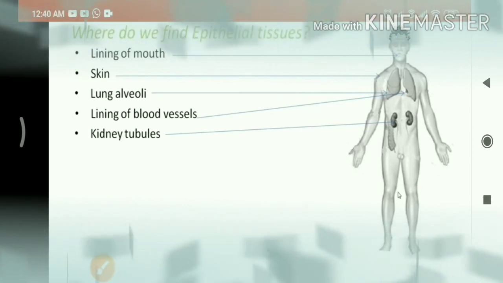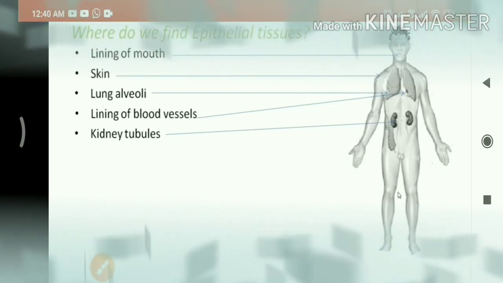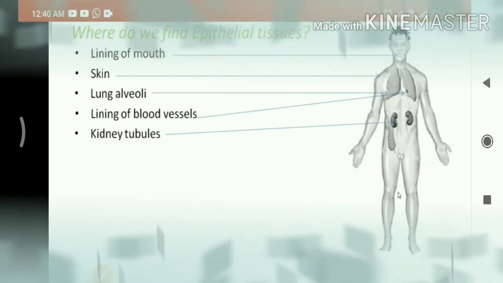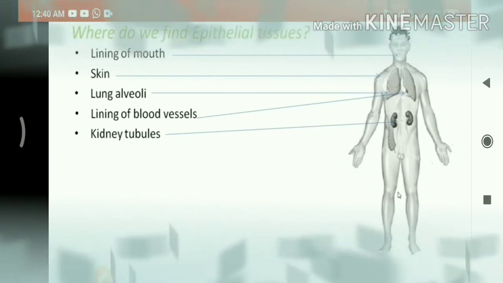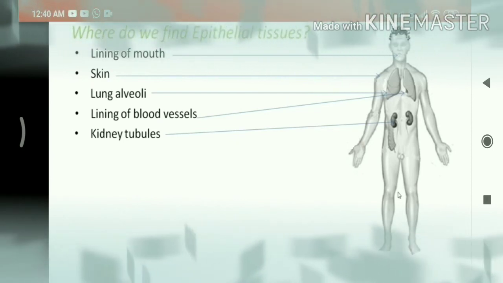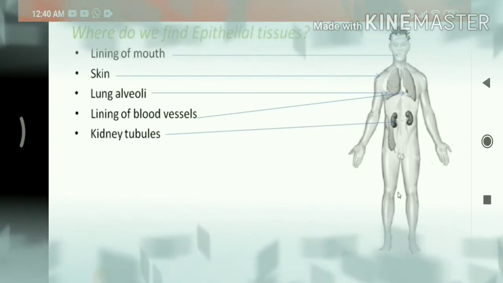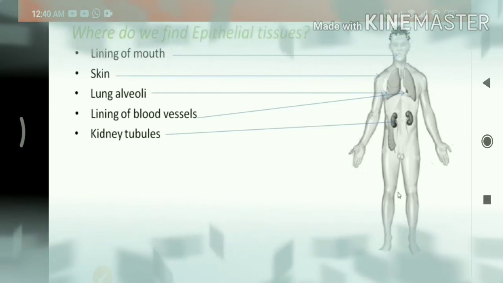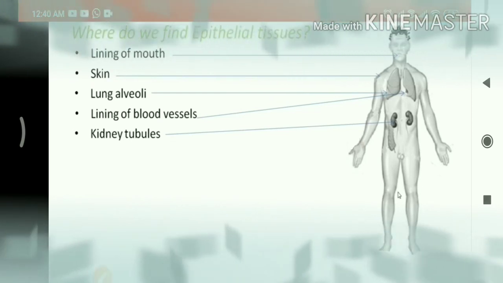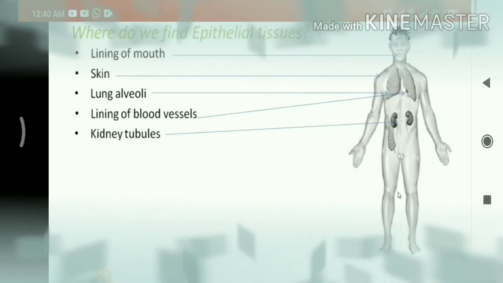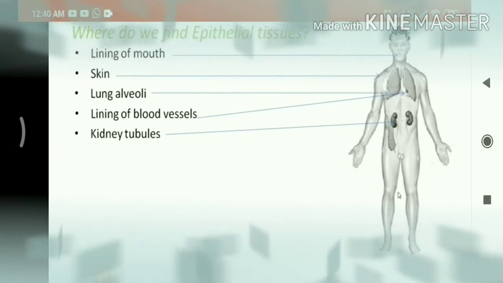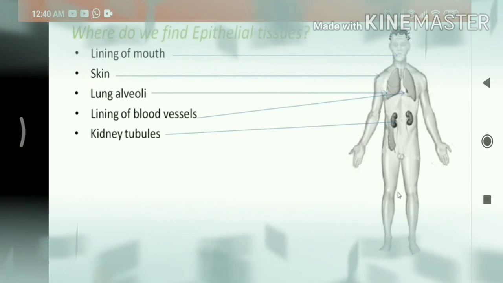The next point is the epithelial tissue of the lining of the mouth and the epithelial tissue of the skin. Are both tissues the same? I hope you understand, both are not the same.